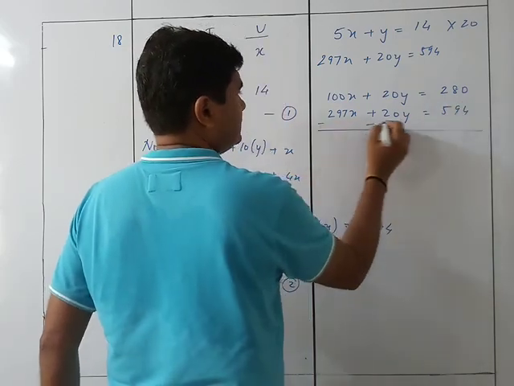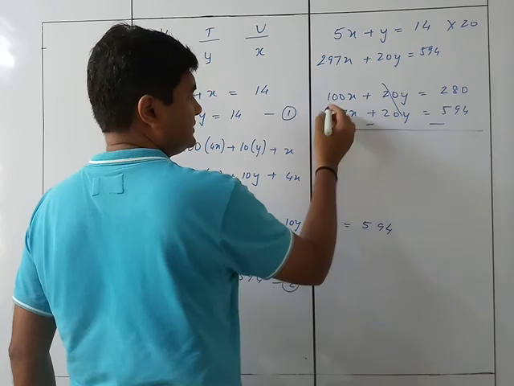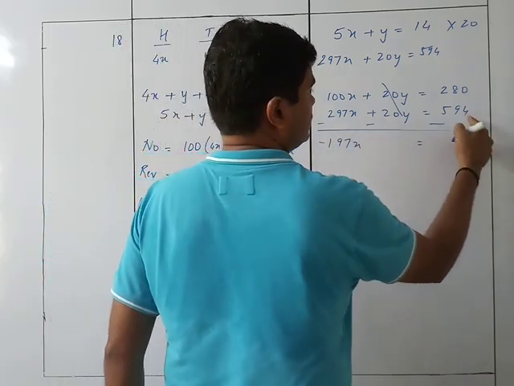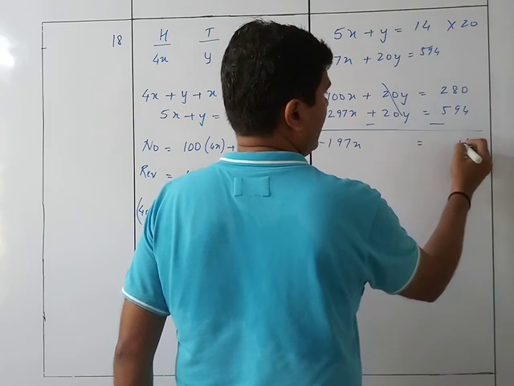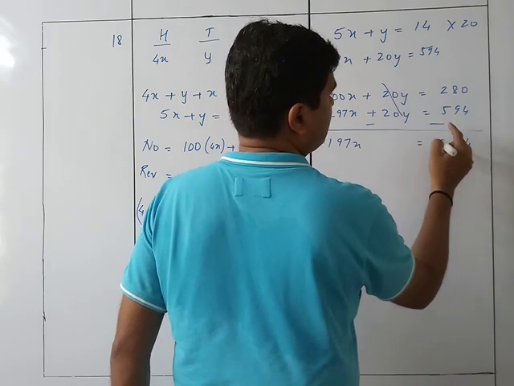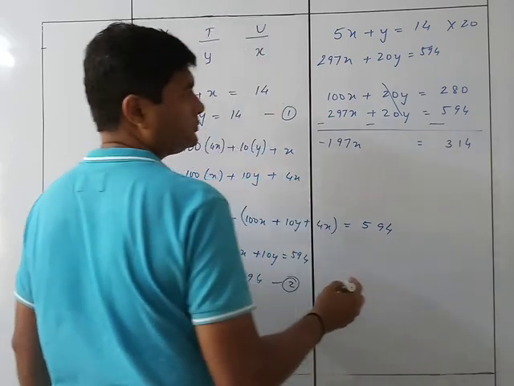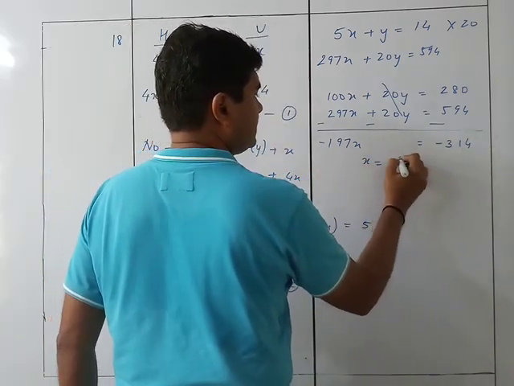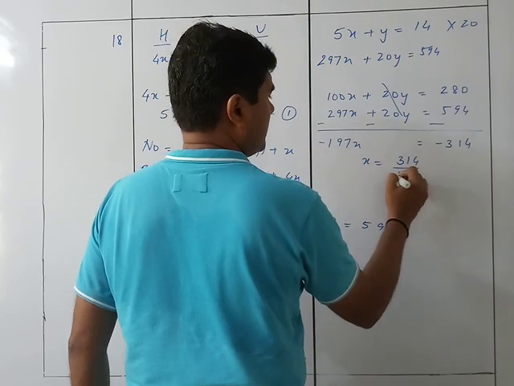On subtraction, this cancels. This minus 197x is equal to 4, 1 and 3, and it will be negative. So x is equal to 314 upon 197.